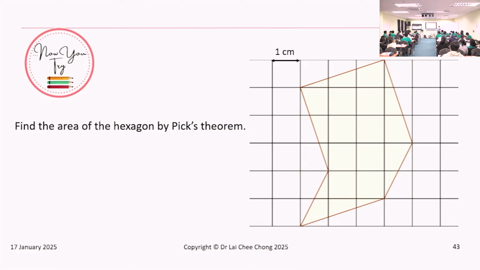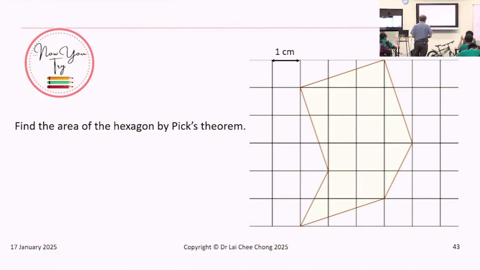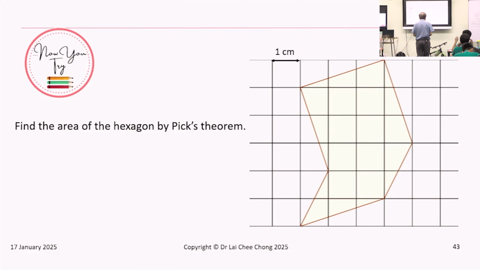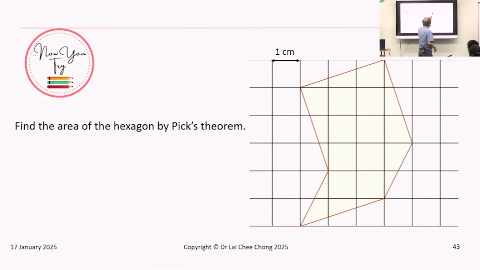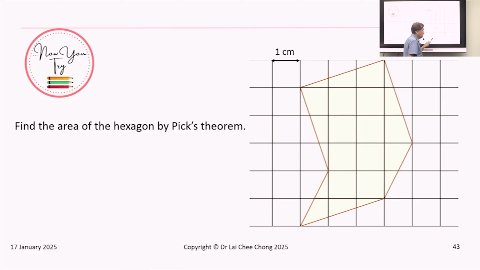I is the number of interior points. Now, the only thing you have to watch out for is this. All the vertices, the coordinates must be integers.